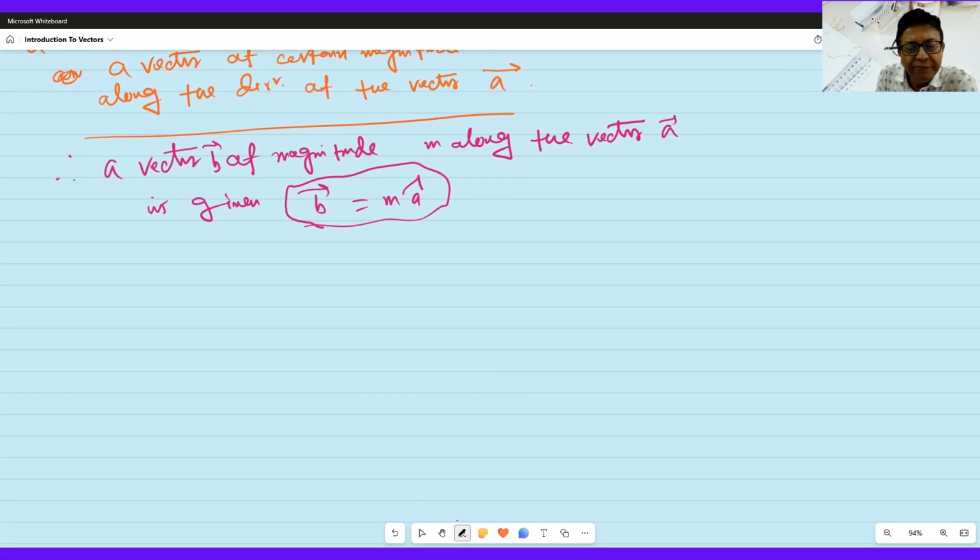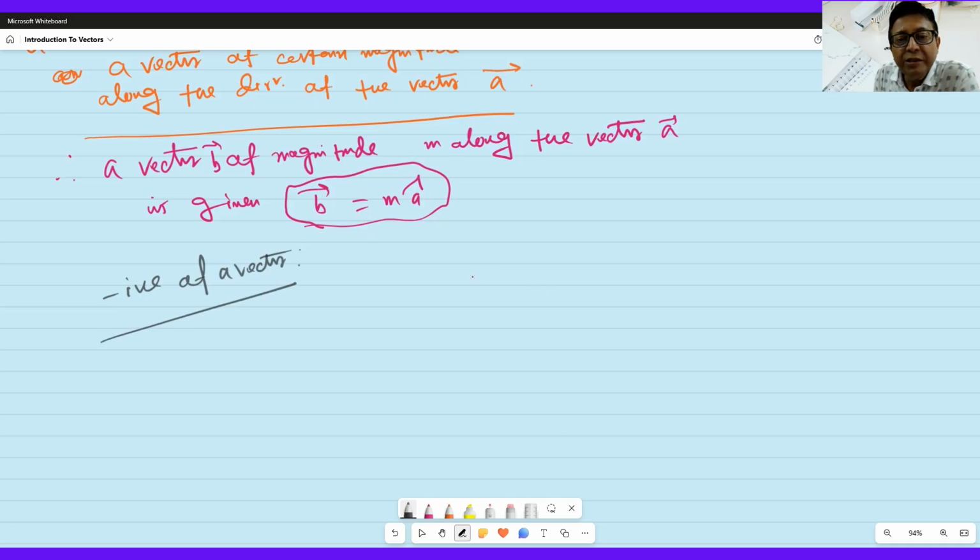Now, negative of a vector. How do you represent negative of a vector? Vector has a direction. Suppose I have taken this vector R equal to AB. This is the initial point and this is the finishing point.